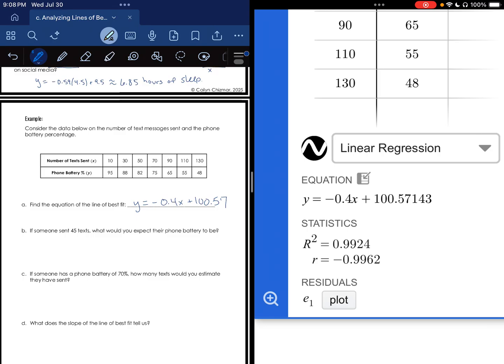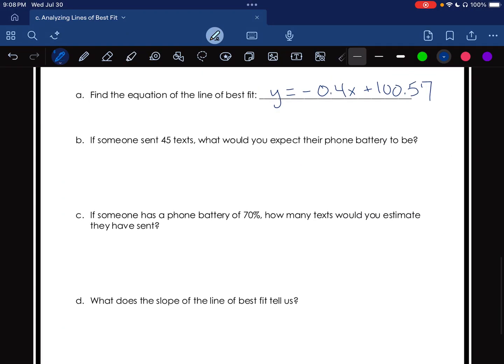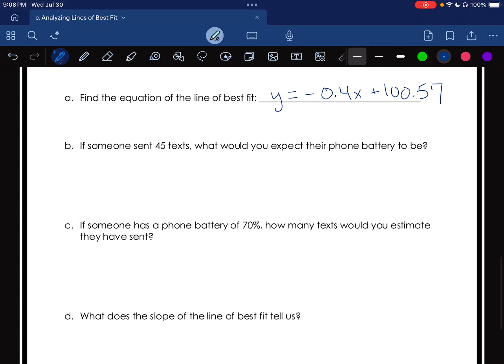All right. Now, what about the other way? So if someone has a phone battery of 70%, right, this is the Y, how many texts do you estimate that they've sent? So we would say 70 is equal to negative 0.4x plus 100.57. So first we would subtract 100.57 from both sides.